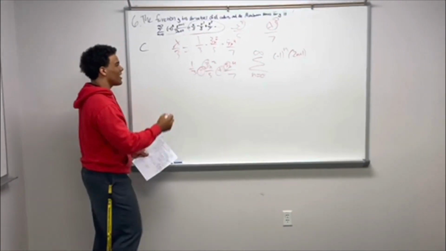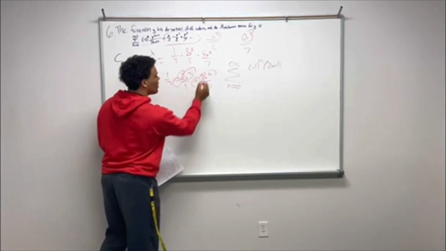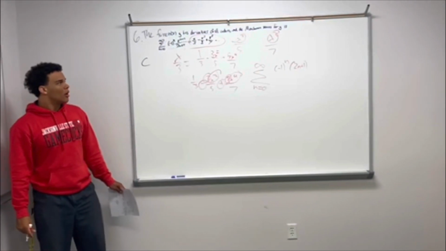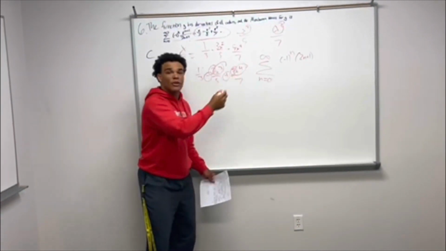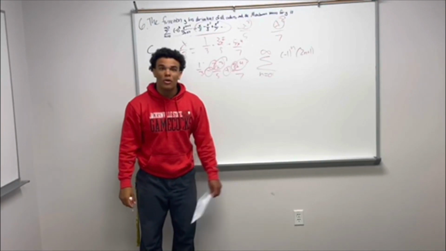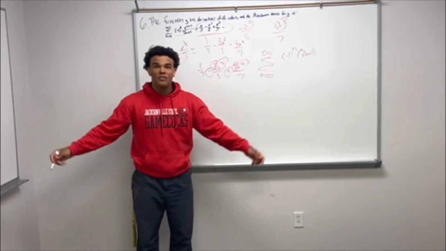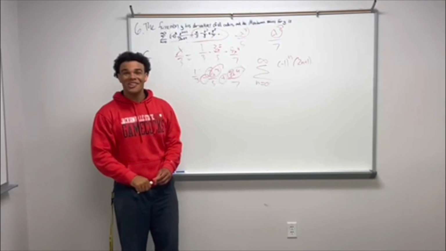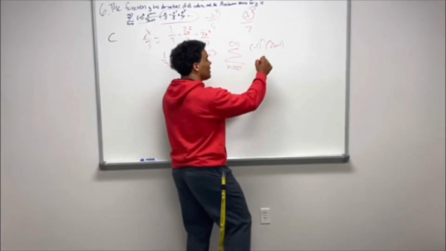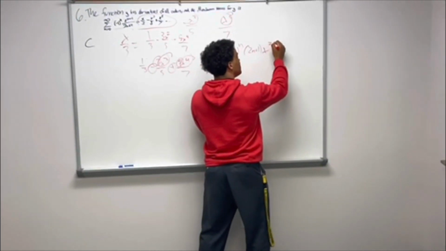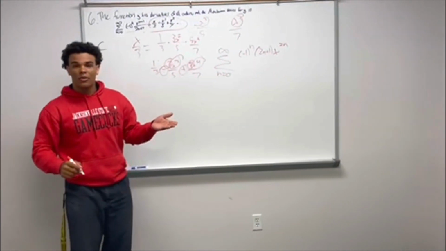But then, like, oh, what about these x's? There's not one here, but there's one here that increases by 2, right? So, we're gonna logic it. If it increases by 2 every time, it's gotta be x to the 2n, right?